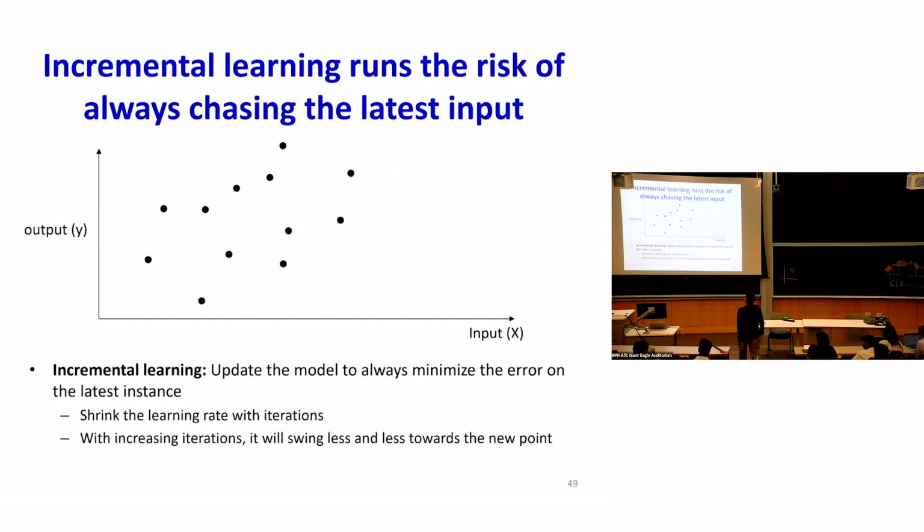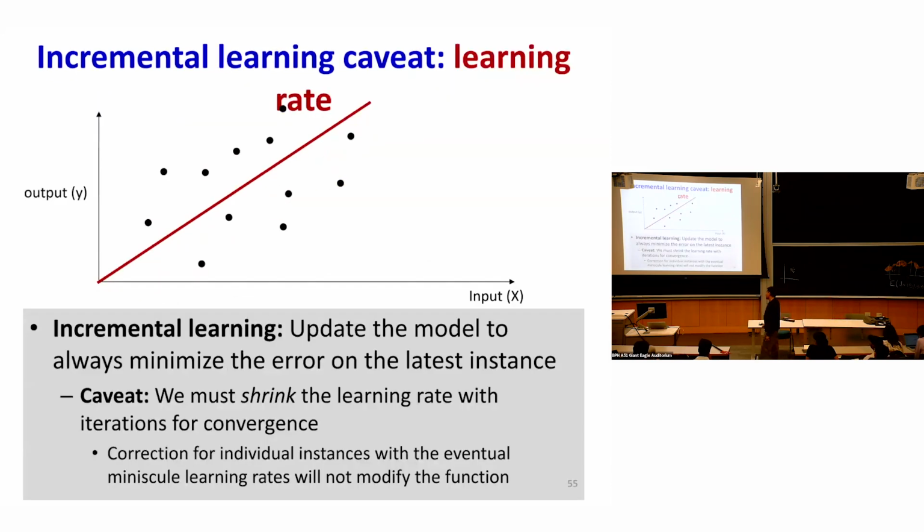The solution is update the model, but as you go through the data, you're beginning to trust where you are more and more and more. And so initially, maybe you just go through the point. The next time around, you have a large error, you swing towards it, but you don't go all the way to the point. The next time around, you swing even less. And so long as the corrections you make keep decreasing with iterations, eventually the corrections are going to be small, and the function you learn is going to stabilize at something that maybe minimizes the overall divergence.